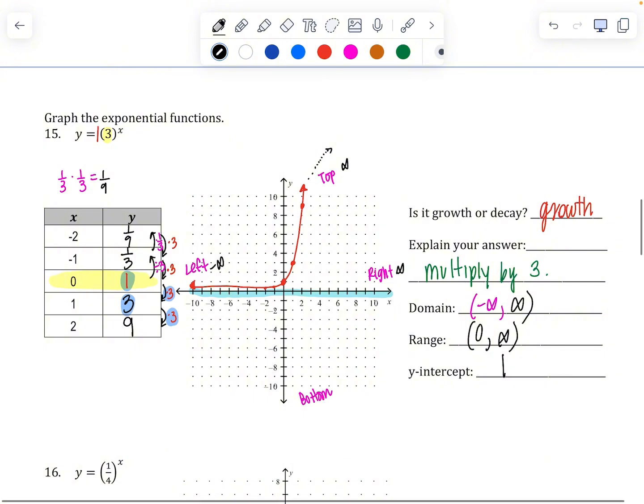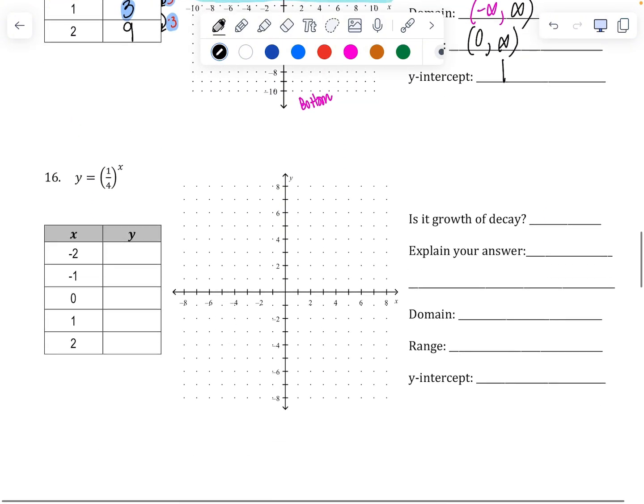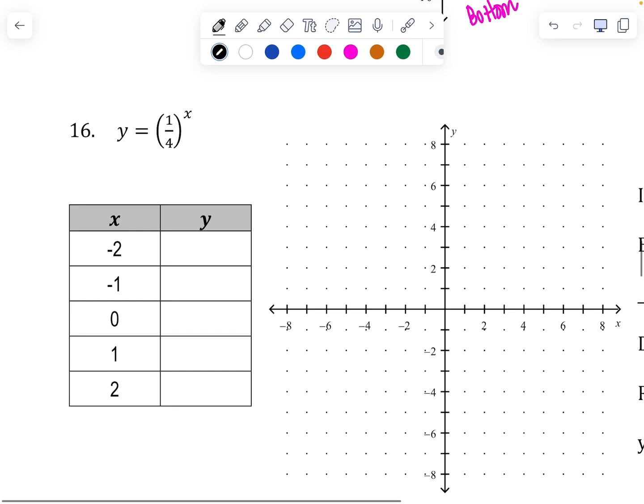Okay. So, for number 16, same idea. Our constant multiplier is now, what is it? 1 over 4 times 1 over 4 times 1 over 4. Okay? And our 0 spot is equal to 1.